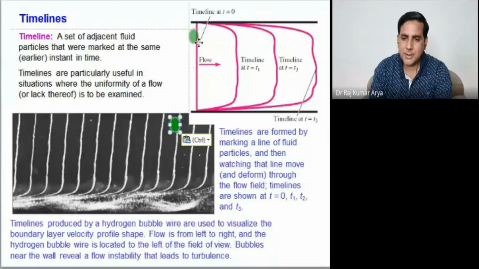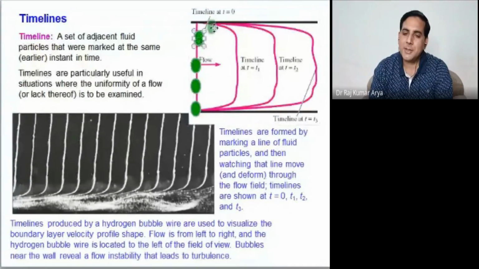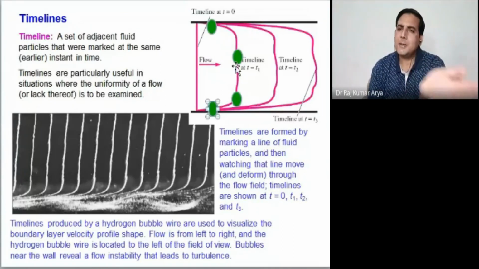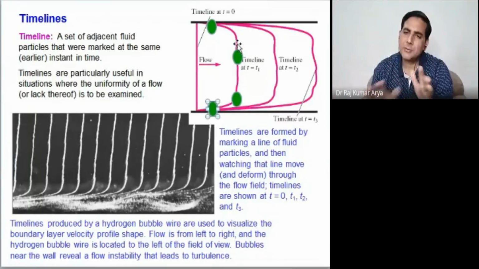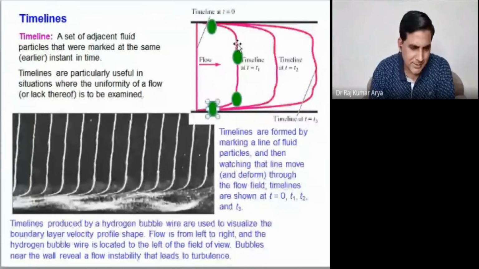Let's say you have these particles here in the beginning, just like this. Take 4 for time. Now you want to see where the new positions of these 4 have gone. Let's say this particle went here, this went here, this went somewhere here, this went somewhere. So you joined them again at t equal to t1. So this is your new timeline. After that, find another time and join them, so that way you draw the timeline. Fine, so we will end the class here.